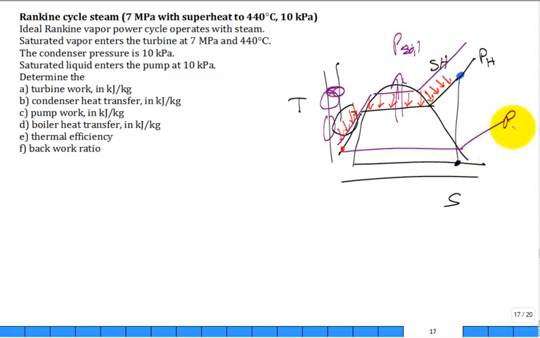Here's my condenser pressure. Should I try to have a high condenser pressure or a low condenser pressure to improve performance? Low. You want it low. Because you want to throw out heat at this low temperature. You have to throw away the entropy.